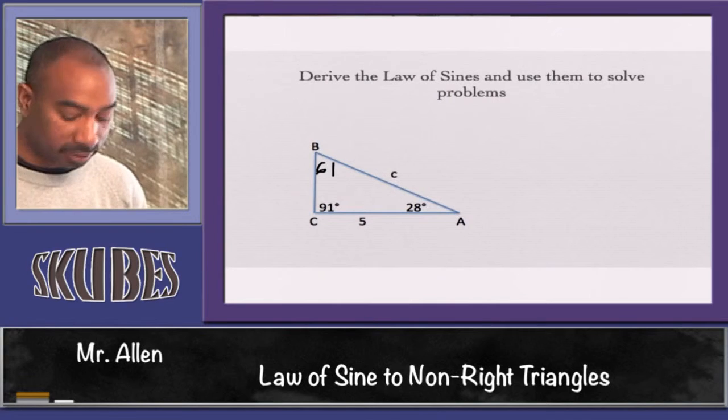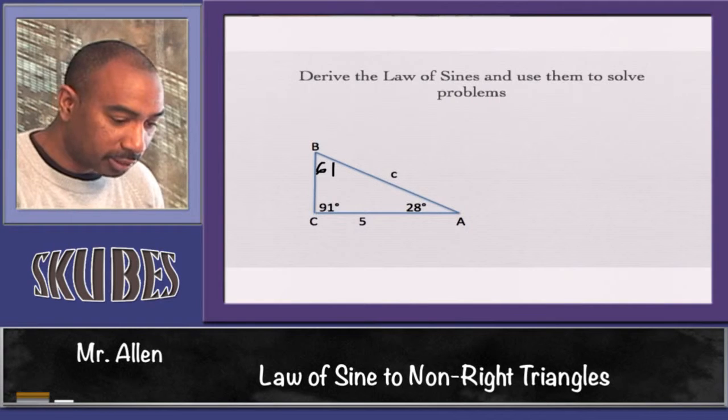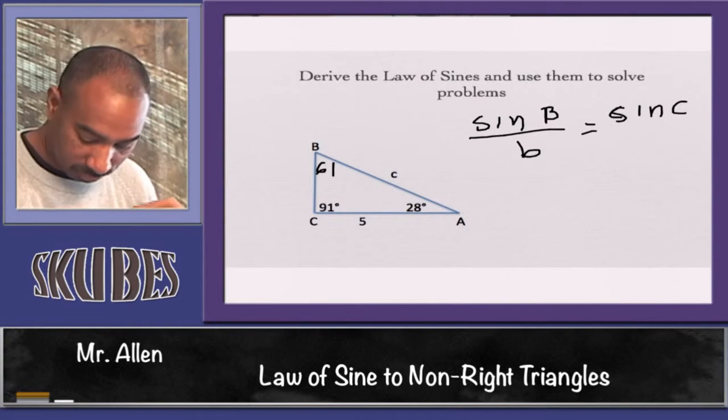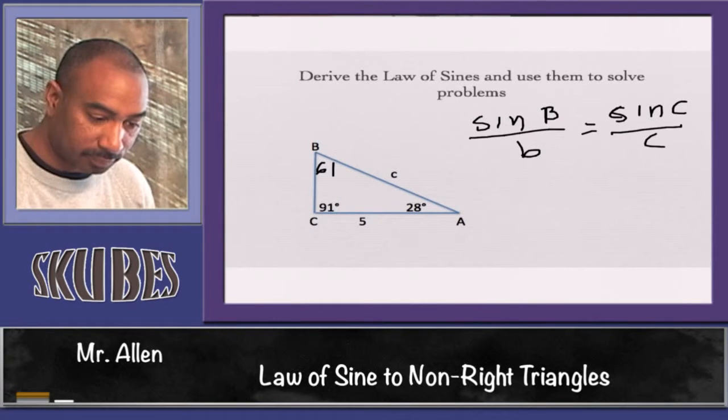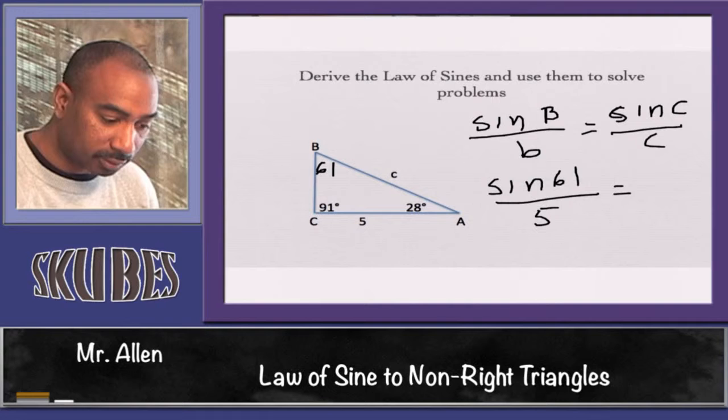And you just apply the law of sine. So I could say sine of B over b is equal to sine of C over c. So, sine of 61 is to 5, and angle C is 91, right?